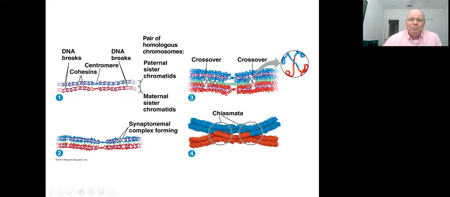And that turns out to be important because when the chiasmata break, those cross-links between the two DNA molecules may remain intact, which means that when the two non-sister chromatids separate from each other again, when the two homologous partners separate from each other, there's an actual physical exchange of DNA between the two non-sister chromatids as a consequence of the crossover.